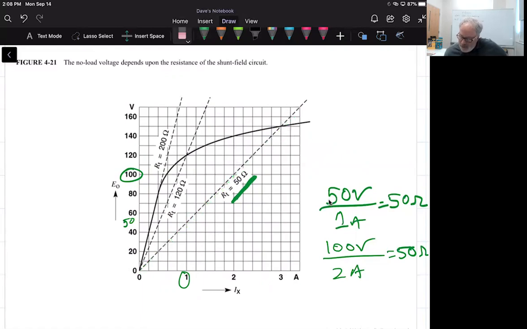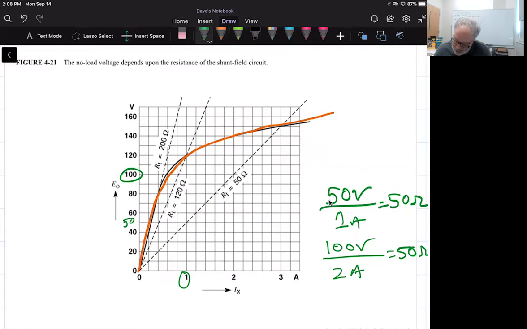Now, if we have these different resistances, we can superimpose them on the saturation curve, which we talked about earlier, right? It looks like this. This is characteristic of the particular generator that we're looking at.